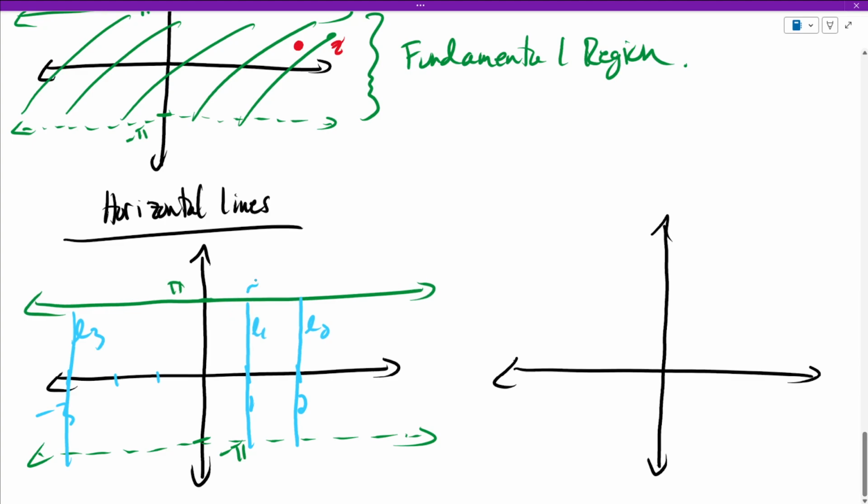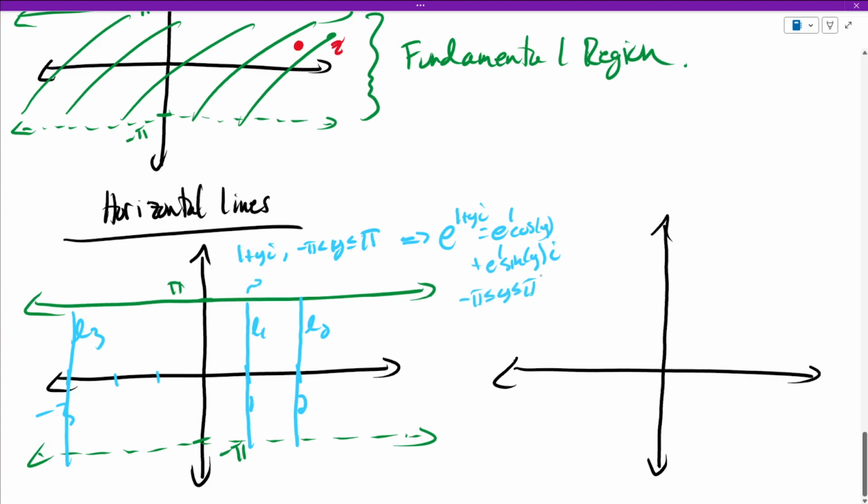Well, L1 is a collection of all 1 plus yi, where y varies between negative pi and pi. So when we exponentiate 1 plus yi, we're going to get e to the 1 cosine y plus e to the 1 sine y i, where y varies between negative pi and pi.